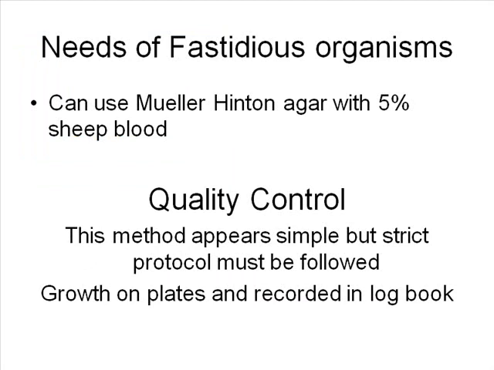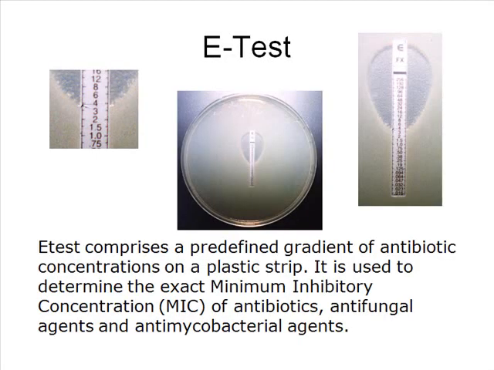Now, sometimes with the needs of a fastidious organism, you need to add blood to your Mueller-Hinton. You can add sheep blood to the Mueller-Hinton agar and do a disc diffusion test. Now, make sure during quality control that all of those zones are recorded as part of your quality control with known organisms.